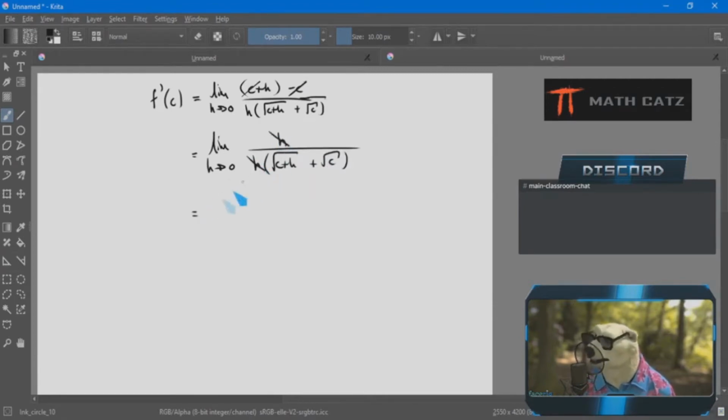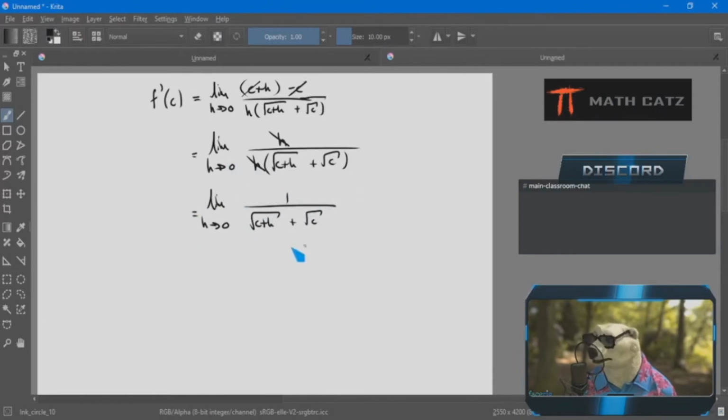Now the h's can cancel, and I'm making good progress. And I have 1 over the square root of c plus h plus the square root of c. Now what is the form of this limit? It doesn't really matter. What matters is it's not dividing by 0 anymore. There's no zeros anywhere in numerator, denominator, nothing.